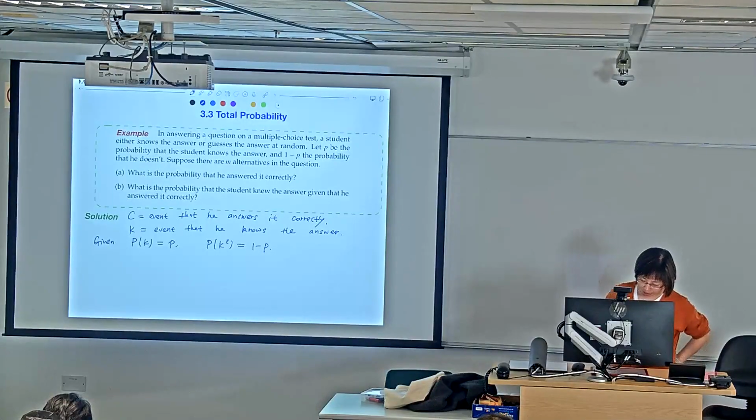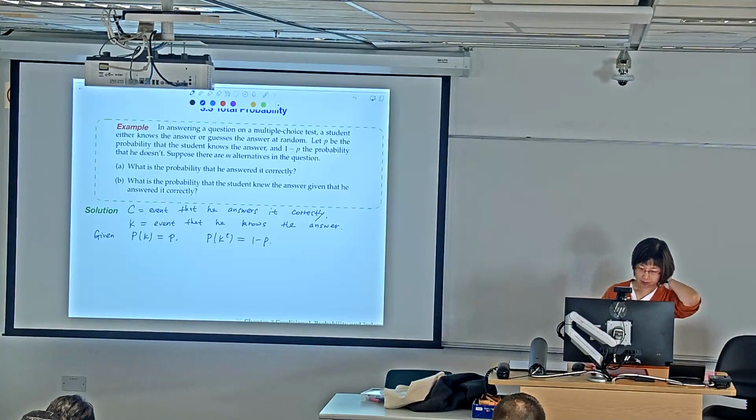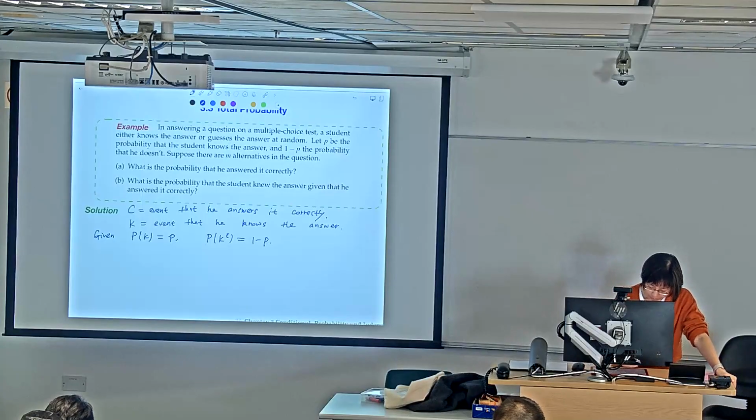And we are also given that if the student does not know the answer, he will guess it randomly. So we are also given this conditional probability.